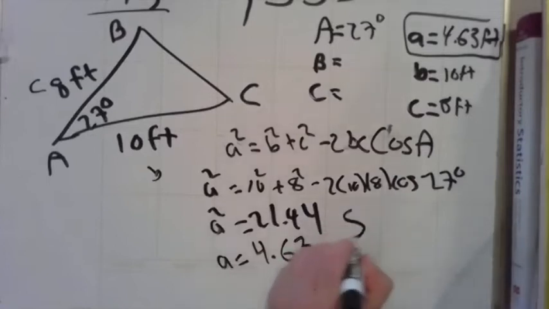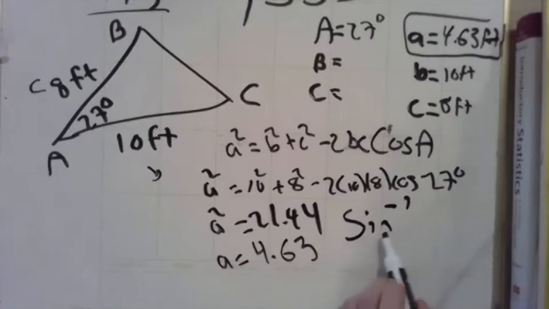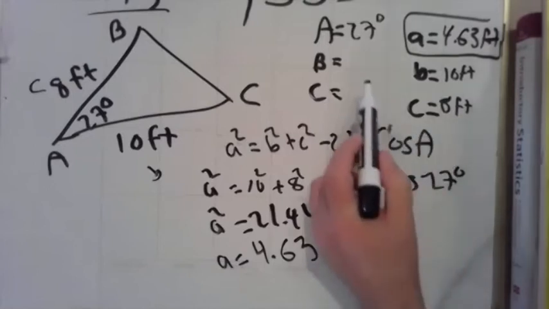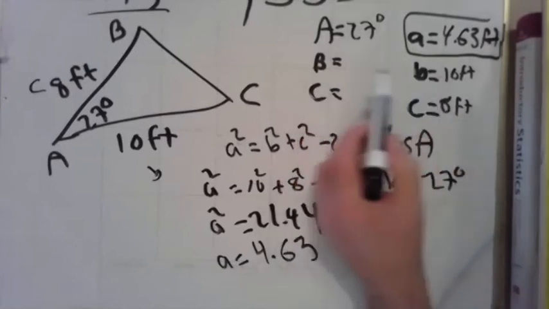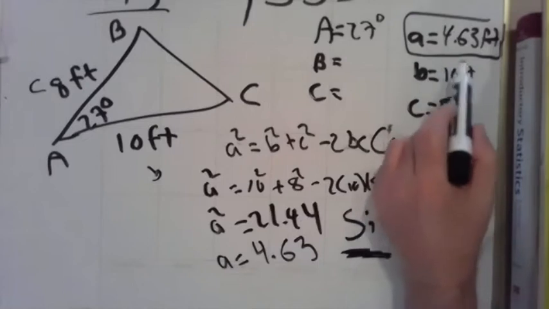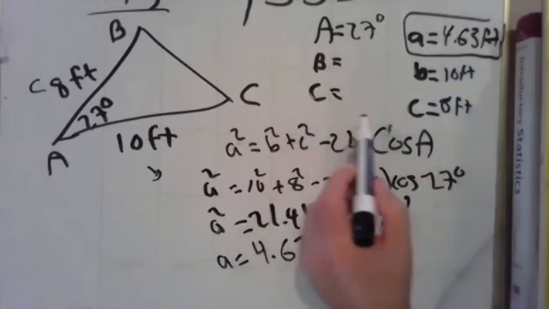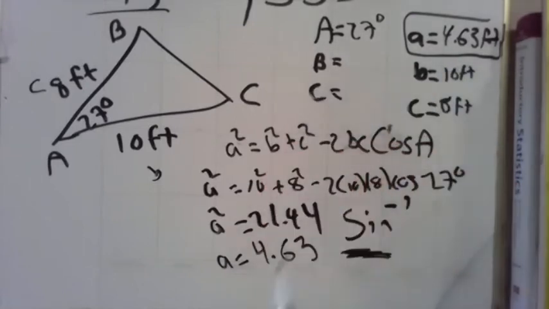Inverse sine, this function on your calculator, will never spit out an obtuse angle. So if I'm going to be using this button on my calculator, I want to make sure I'm looking for an acute angle. B might be obtuse. B is the biggest angle. It's the biggest side. So I'm going to use law of sines to find C.